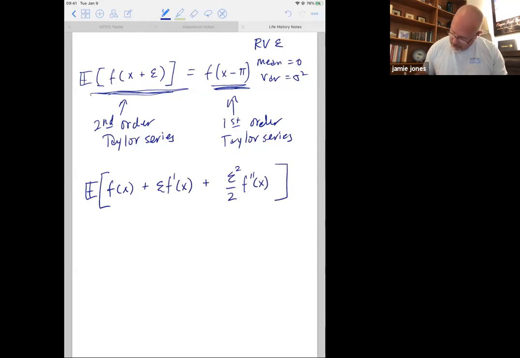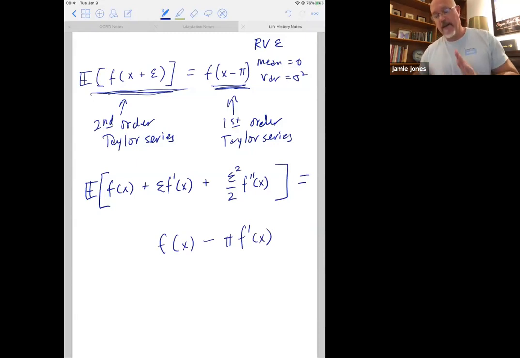And we'll set that equal to, this time it's a first order Taylor series, f of x minus pi times f prime of x. So the linear approximation of the fitness curve in that vicinity.